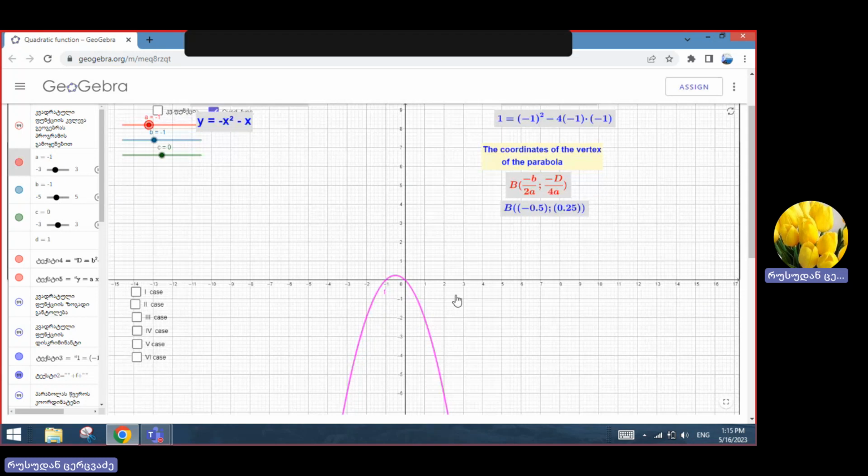Number 5. A is less than 0, discriminant is equal to 0, the graph has one common point, branches are directed down, function has one zero.